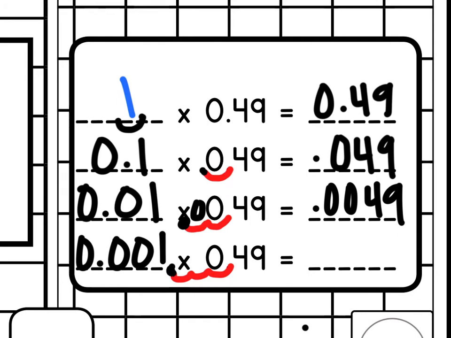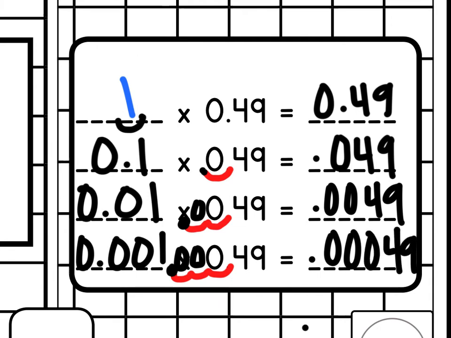New decimal goes there, and we have 2 places to put our zeros. They're blank, so we need to put zeros. Our new number would be 0.00049.